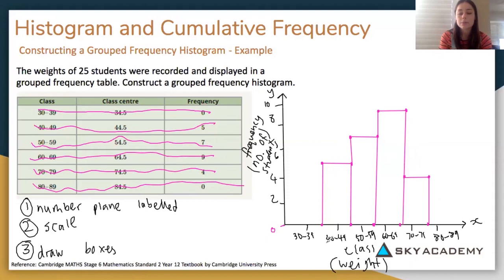So now we know what a grouped frequency histogram is. If I was to draw on my ogive or polygon for this example, I would just go towards the top right-hand corner of each of my boxes. So as you can see in yellow.